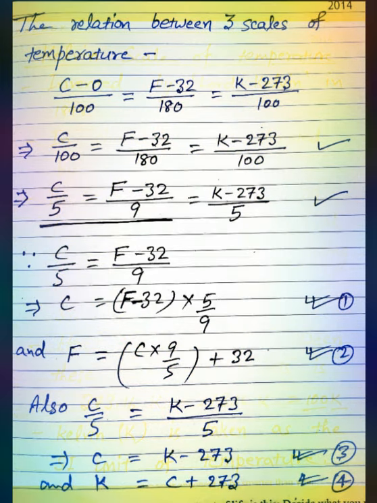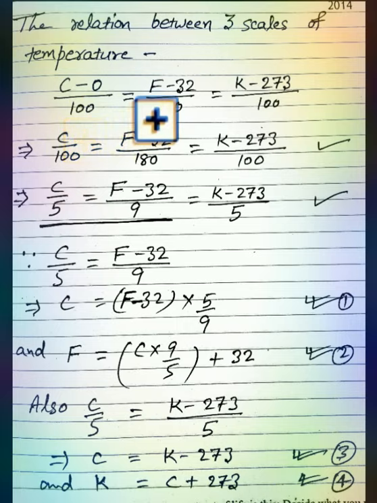Now see the relation between these three scales. Students, see the relation between these three scales. You can see from the study previous, the figure: the reading in Celsius is subtracted by its lower fixed point, that is 0, and divided by the interval between the lower fixed point and upper fixed point, that is 100, as we have seen.